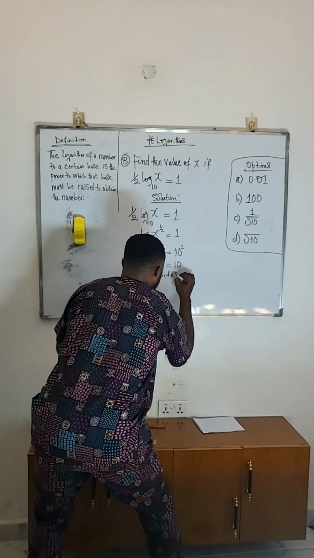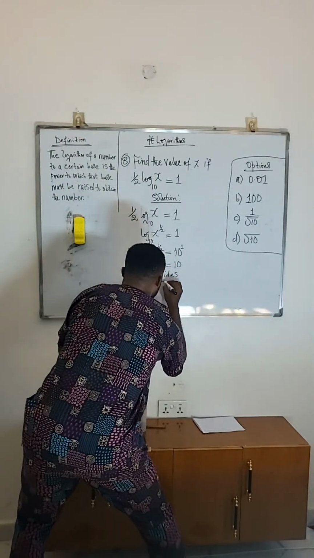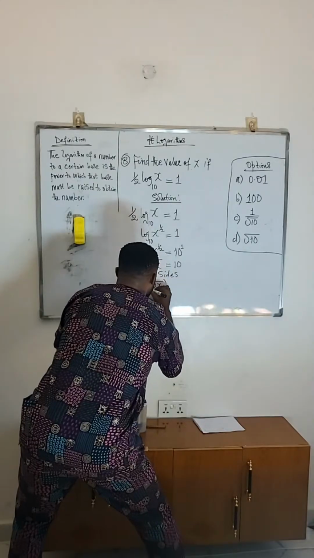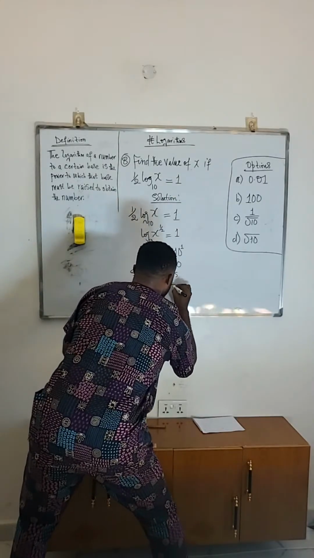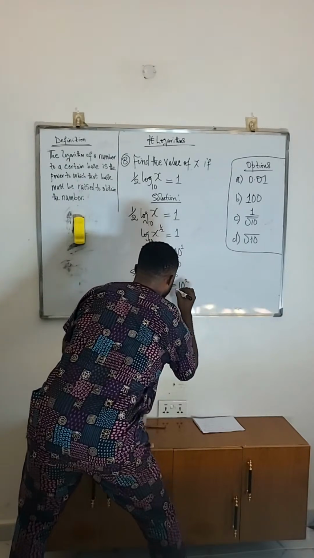If we do that, the square of √x equals the square of 10.